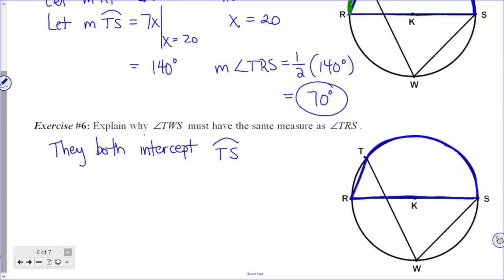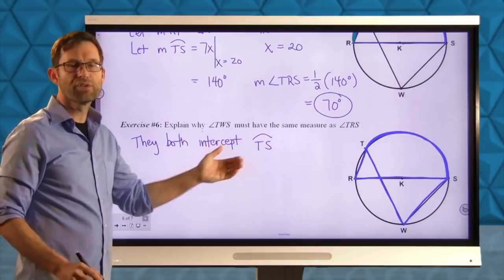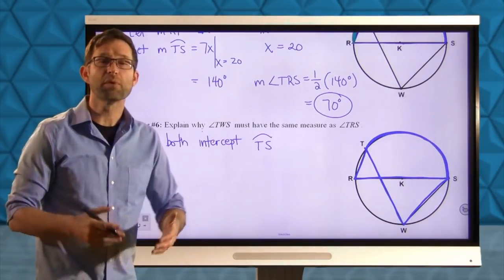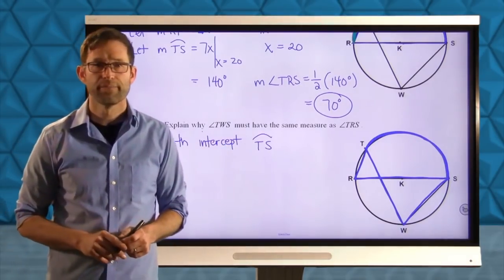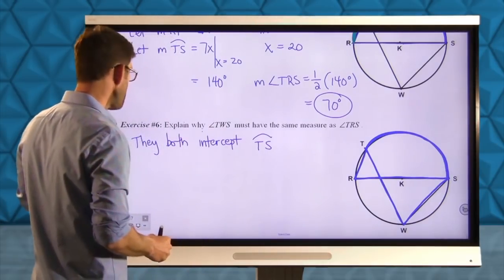Here's angle TWS, and it also intercepts arc TS. And since they both intercept arc TS, they both must be 1/2 the measure of TS. All right? I mean, I could do this exceptionally formally.